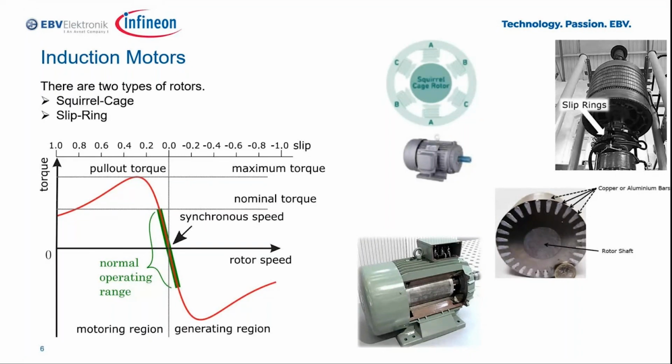Otherwise, the motor operates in generator mode. The maximum torque which can be obtained at the motor shaft is called pull-out torque. The nominal torque is conventionally half of the pull-out torque. The motor usually operates in the linear region between the positive and the negative nominal torque, which is marked by the green line.